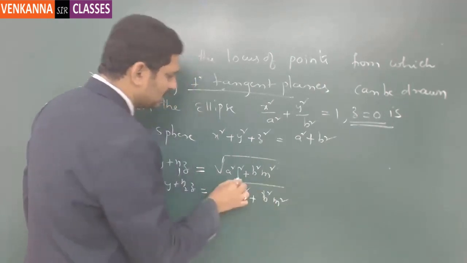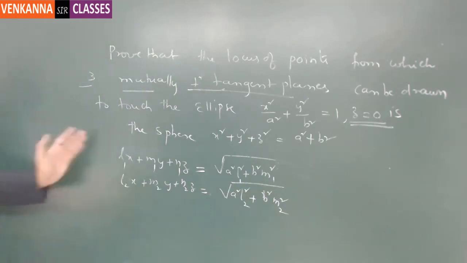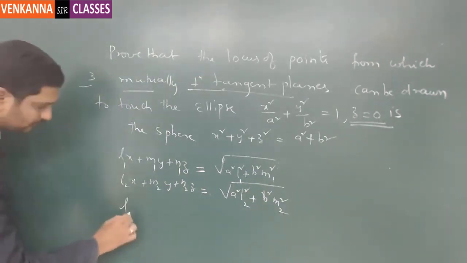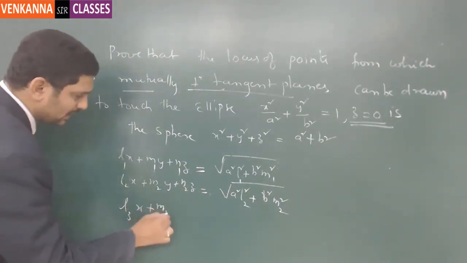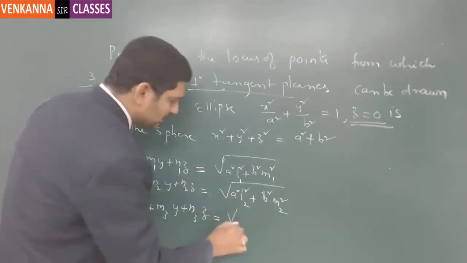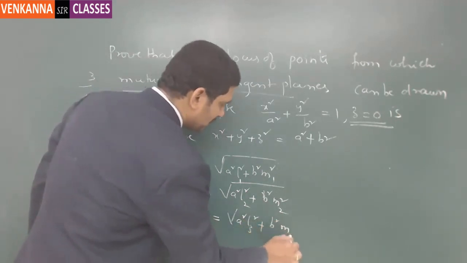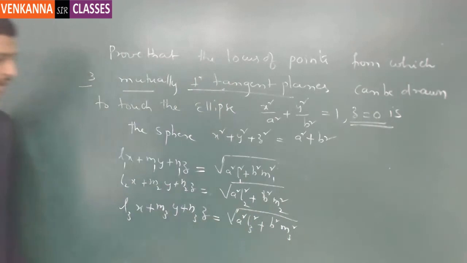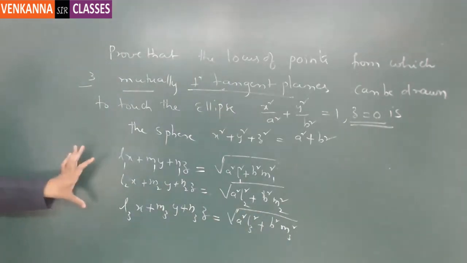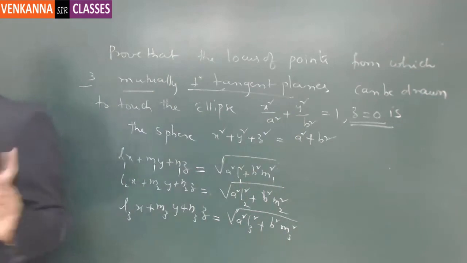Here we need to take L1², M1², L2², M2². The third one: L3x + M3y + N3z = square root of a²L3² + b²M3². So these are the required 3 mutually perpendicular tangent planes which touch the ellipse. Any questions?